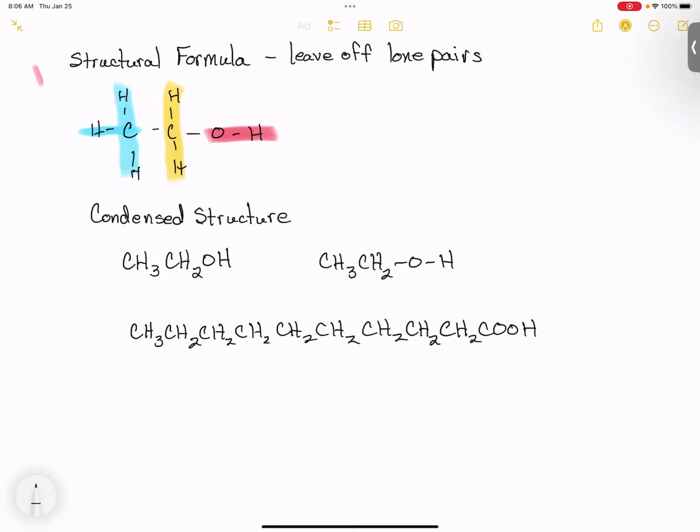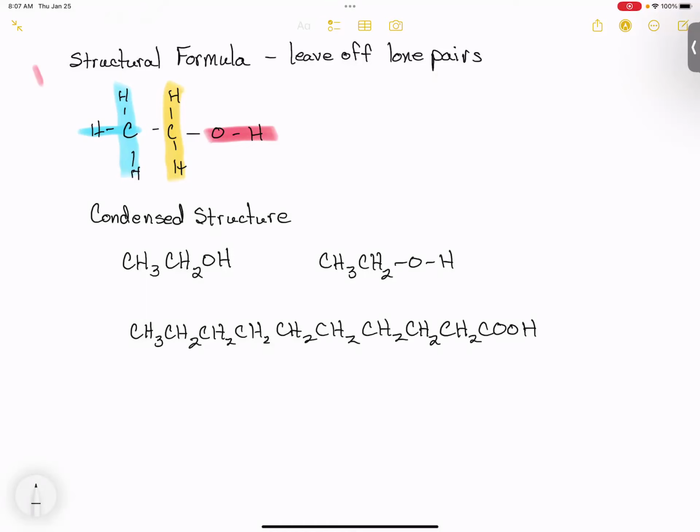I wouldn't have wanted to draw that out using a structural formula. So this is definitely a better situation. But it's still a lot.